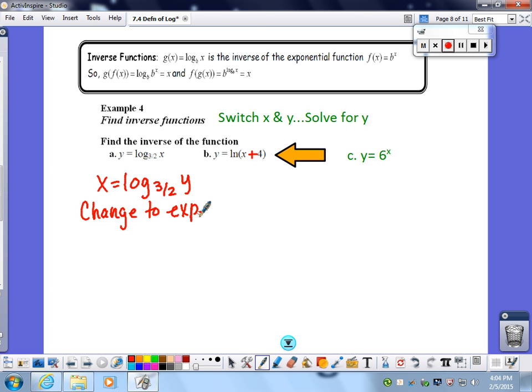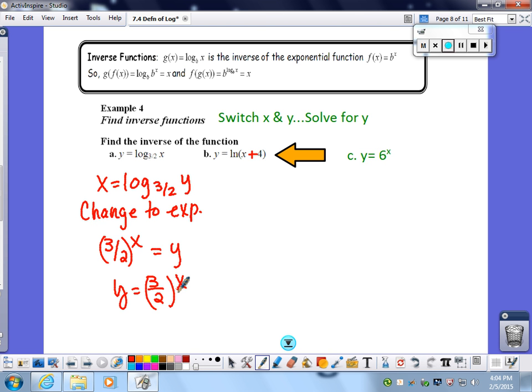So that means that the base, 3/2 to the x power, is equal to y. All right, and there's our function. There's our inverse. So y is equal to 3/2 to the x power. So to solve logs or solve exponential, change the form.